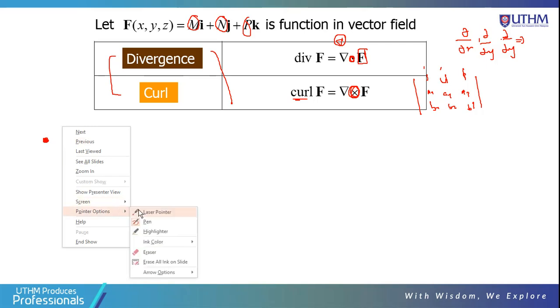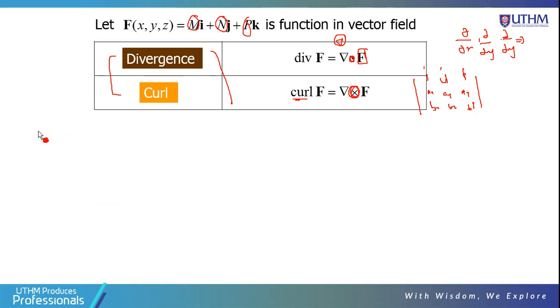From here you can identify: if more vectors leave than enter, this one we call the divergence.